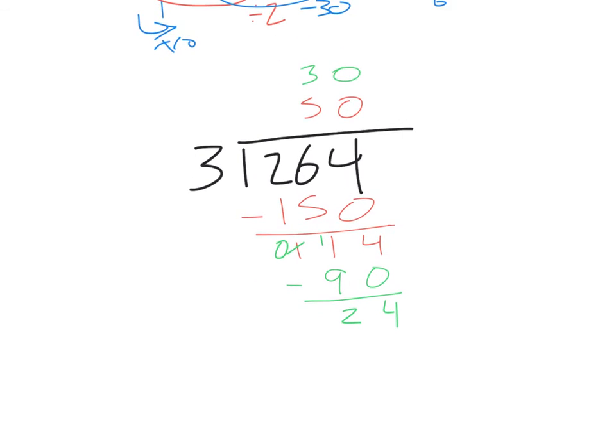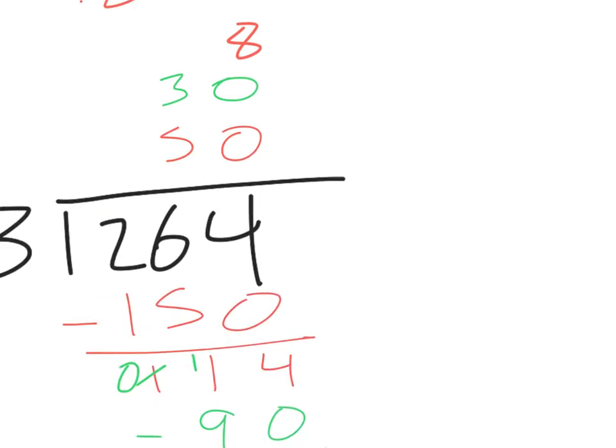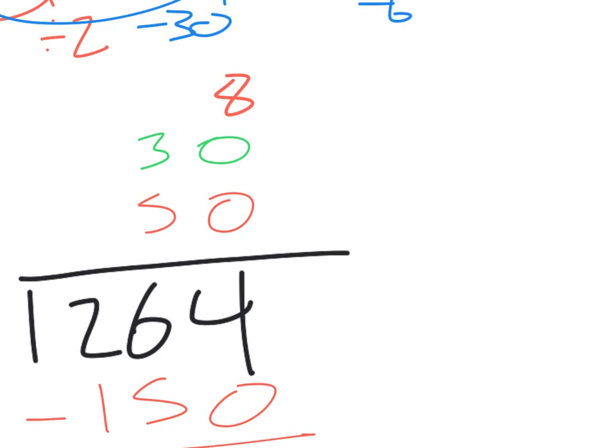Now, because I am a math facts master like yourselves, I know that we can multiply 3 by 8. That would give me 24. When I subtract, I have nothing left over. Now I'm going to look up here and find out that my answer is 8 plus 30 plus 50, which is a grand total of 88.